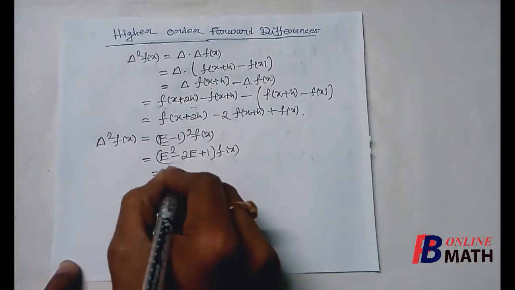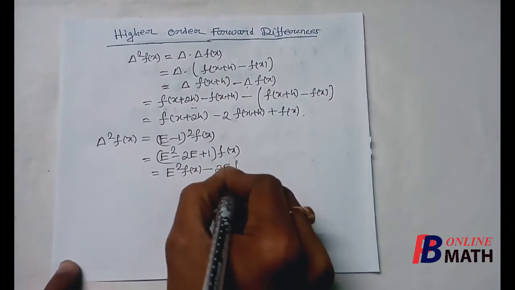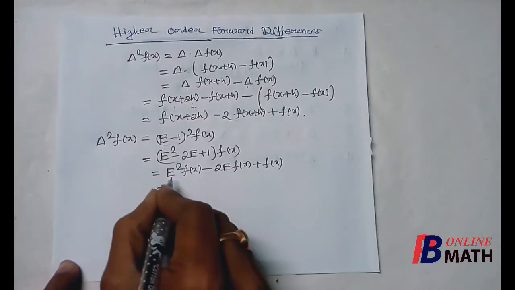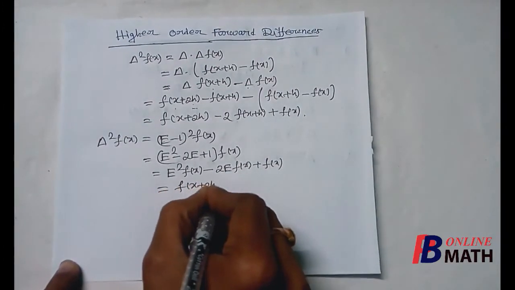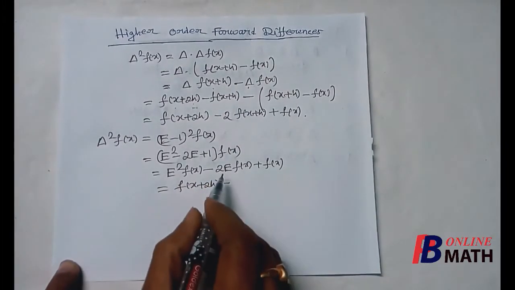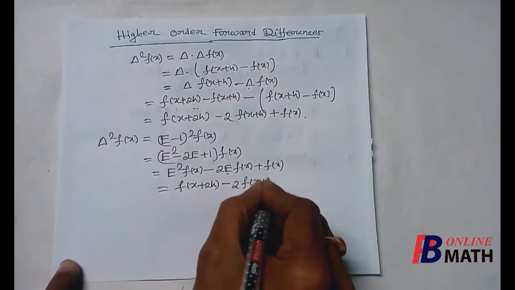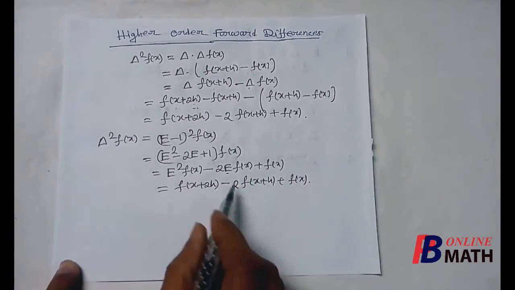So this can be written as E square f(x) minus 2E of f(x) plus f(x). Now if we apply E 2 times on f(x), we shall get f(x plus 2h), minus, if we apply E on f(x), we shall get f(x plus h), plus f(x). So here we have obtained the same result.